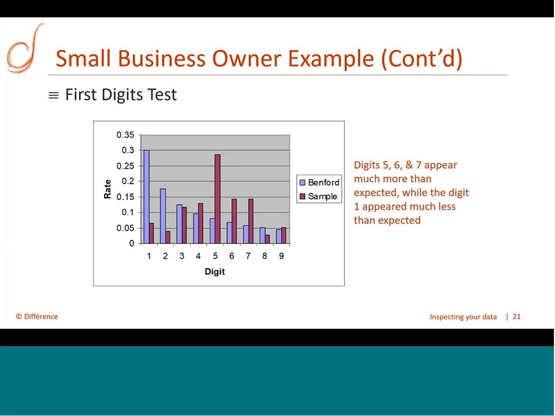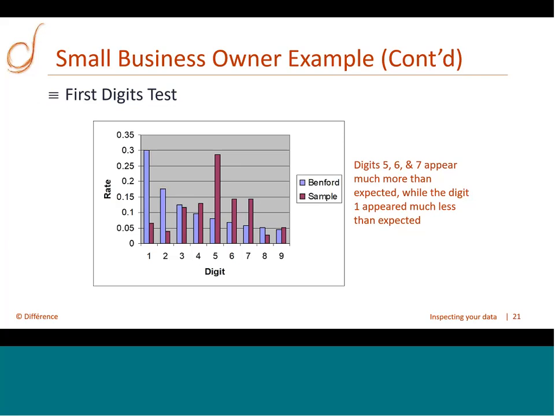Then on the right, the y-axis, the vertical axis, is the percentage of the time we're seeing a number starting with that digit. The blue lines represent what we would expect according to Benford's law. So you can see there that the digit 1 has a blue line at 30%.